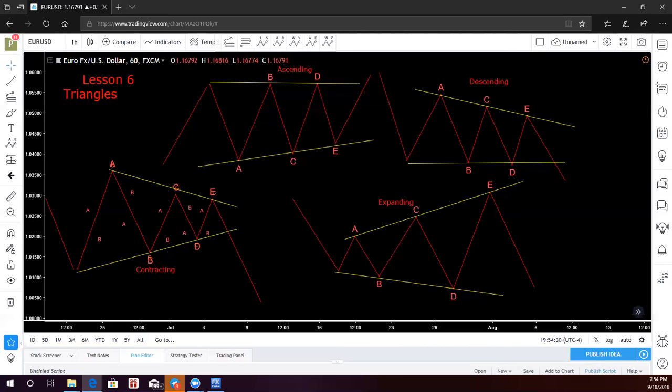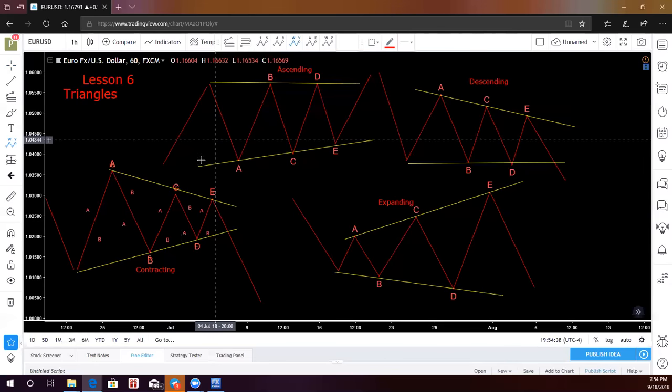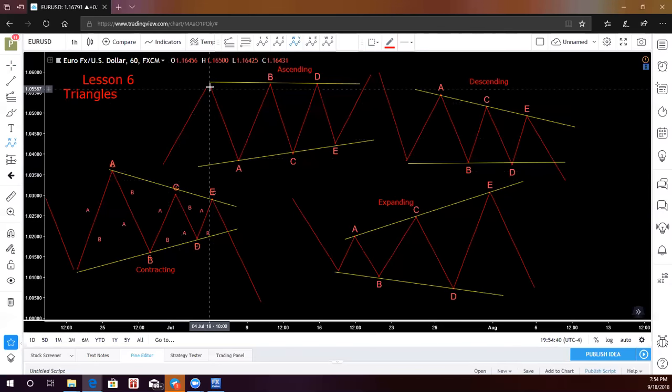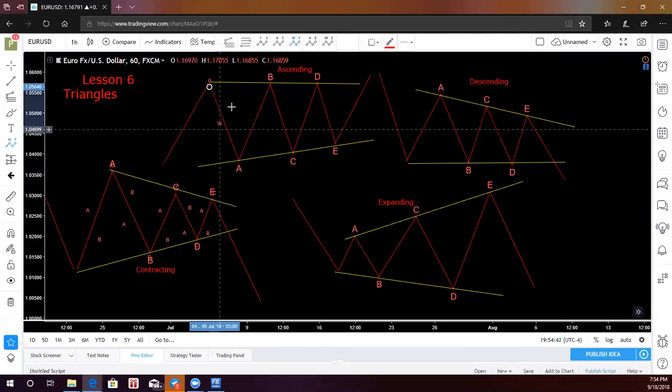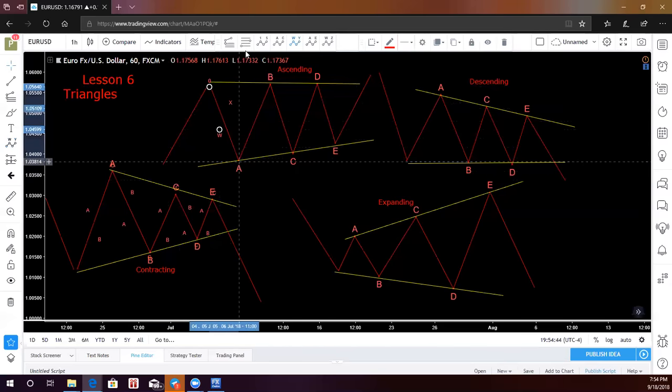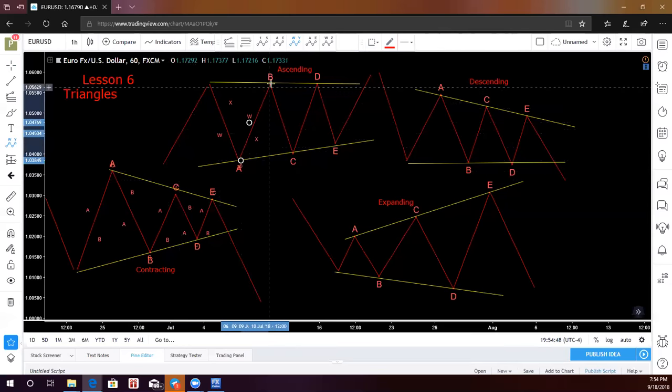Now, the subdivision of an impulse can either be labeled A, B, C, or WXY. Now, WXY we will be talking about later on in the School of Elliott. However, for now, we'll just label it here, WXY.